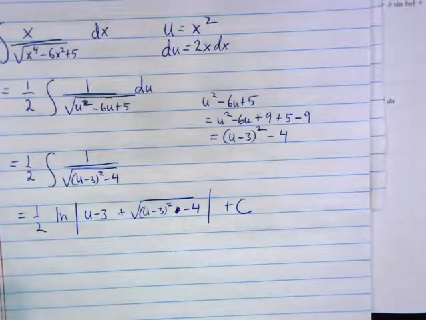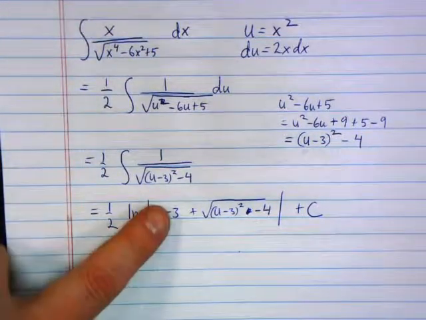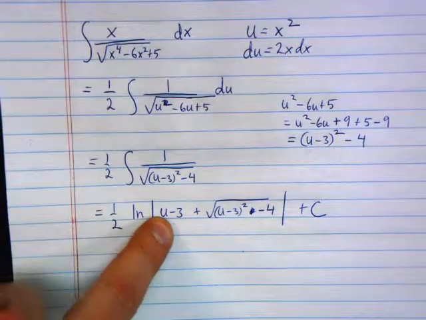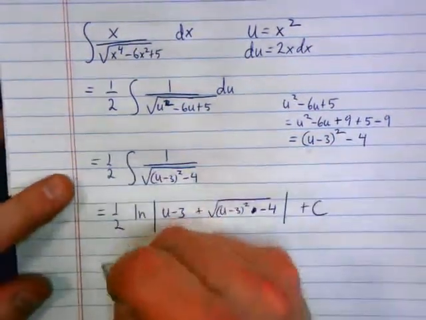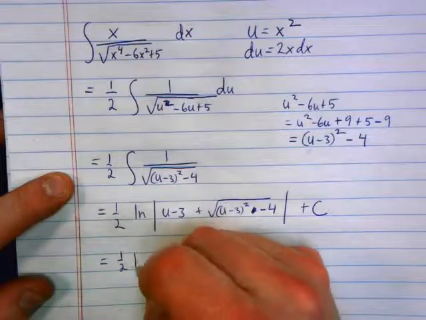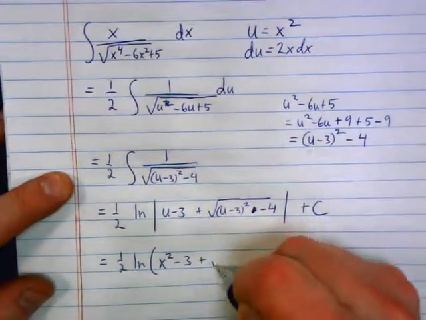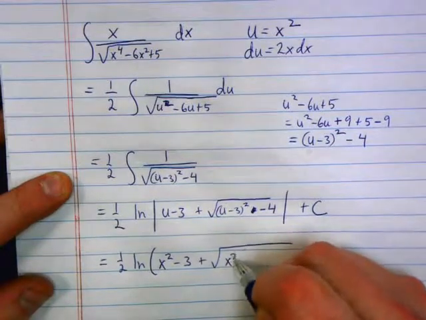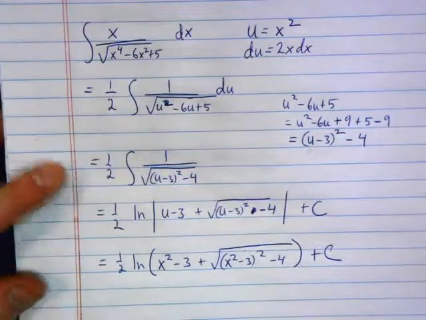Not quite done. My original problem started with x's, so my answer should end with x's. Wherever I say u, I'm not going to write u, I'm going to write x squared. So final answer, 1/2 ln x squared minus 3 plus the square root of x squared minus 3 squared minus 4, plus c.